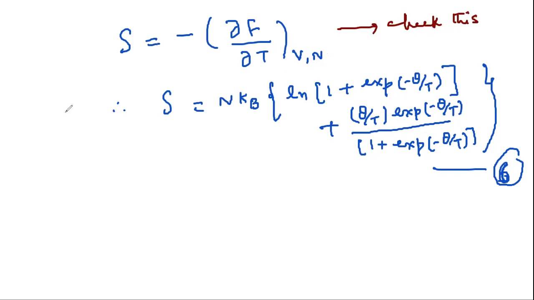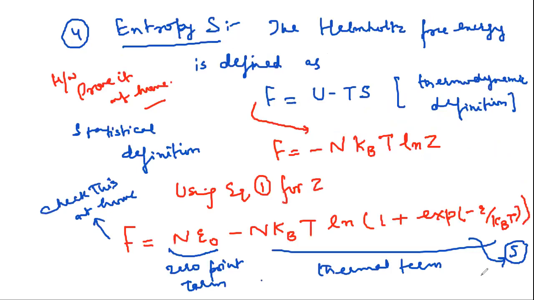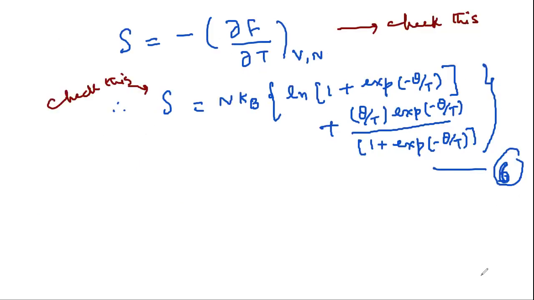Then the second assignment, you have to check this expression. How? You have to use this partial derivative expression for S and use F from equation 5 and solve. You will get equation 6. This is another assignment.